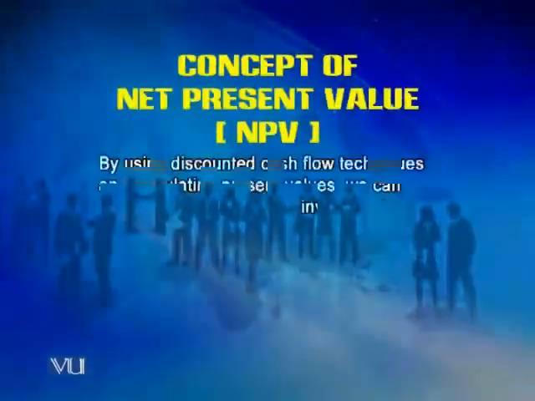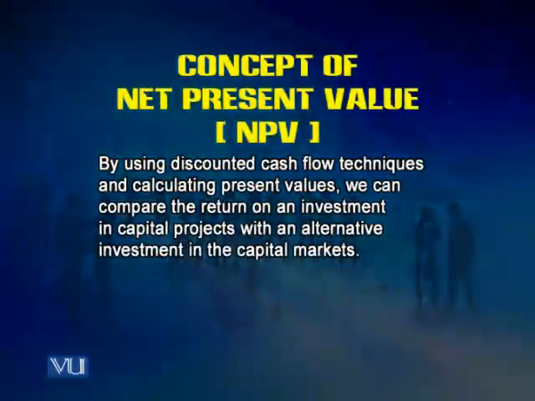And that gives you a basis to compare, in present value terms, what is the value of those cash flows. So we have said that by using these discounted cash flow techniques and calculating the present values, we can then compare various different investments.